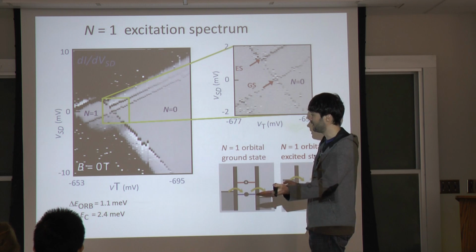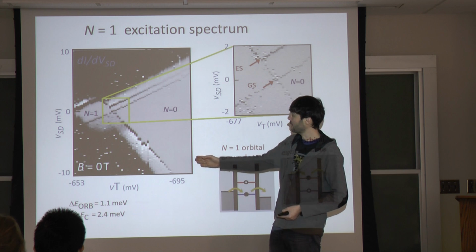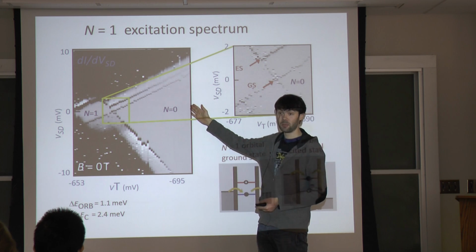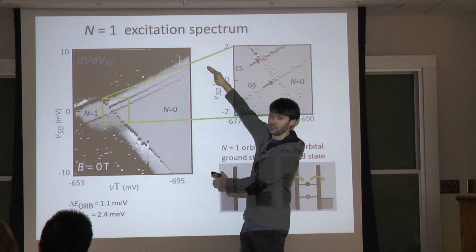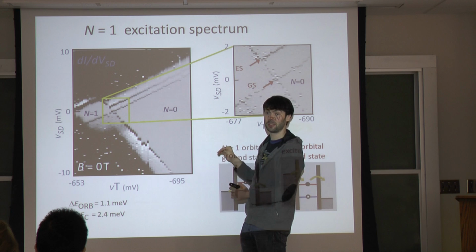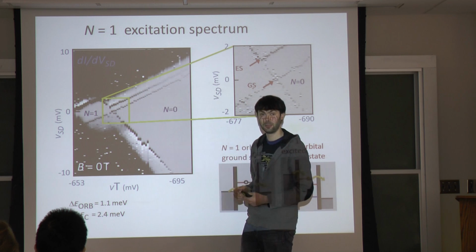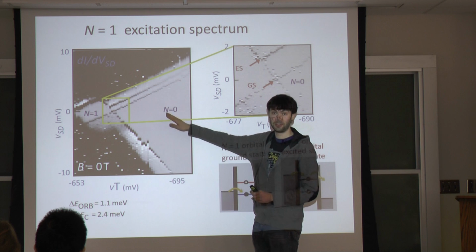And as they sweep the gate to more and more negative, they can make the quantum dot completely empty, and that corresponds to this never-closing Coulomb diamond. Whenever the diamonds close, it means you add another electron to the dot, and in this case, the last diamond does not close. So this is the last transition.